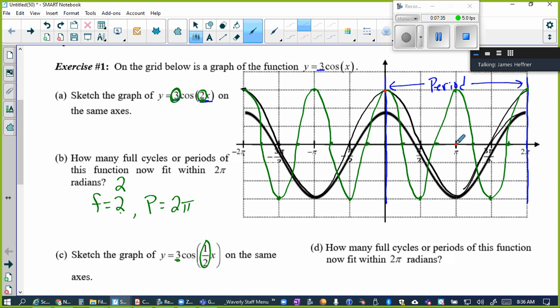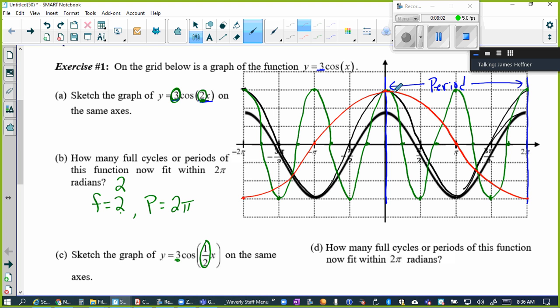Okay. And then down to the 3 here. So you see what's going on here? Like that. Okay. And then this one will kind of come out here, like this. So they kind of look like that.